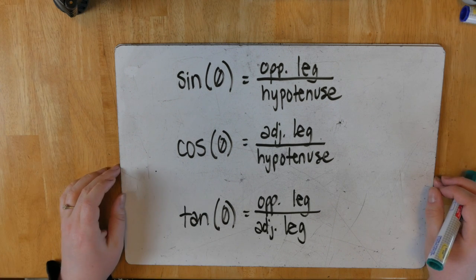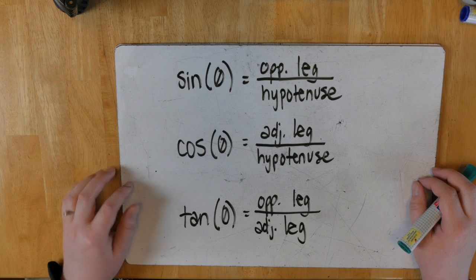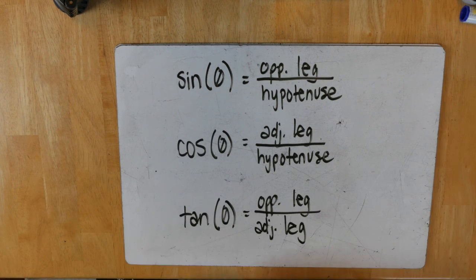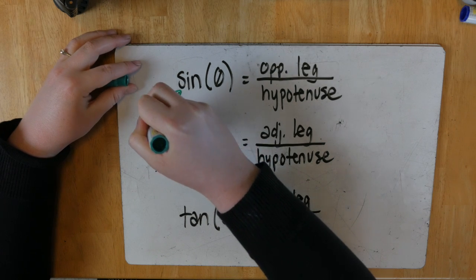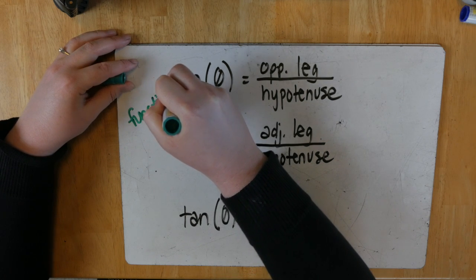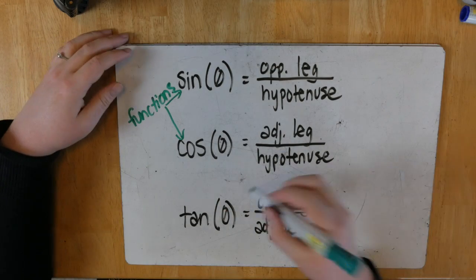The first thing that I see students sometimes struggle with, and I find it's really helpful to remind everyone, is that when you have a trig function like sine, cosine, or tangent, those are the functions, similar to the square root function.